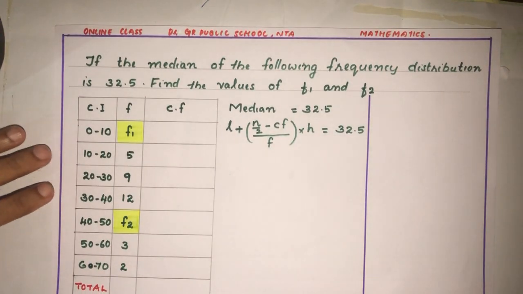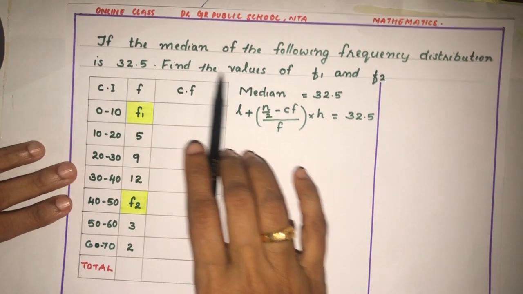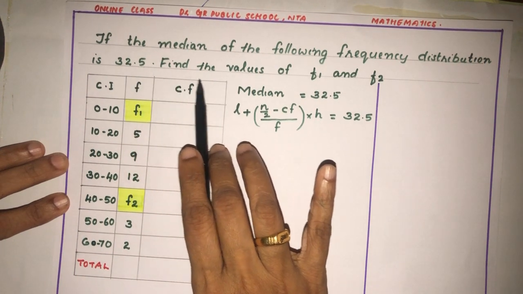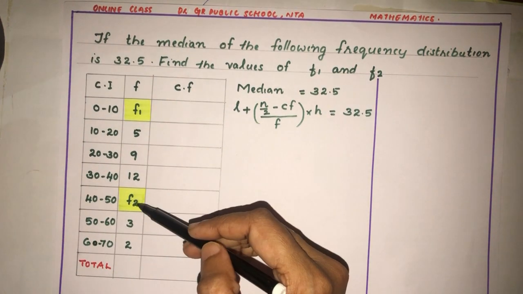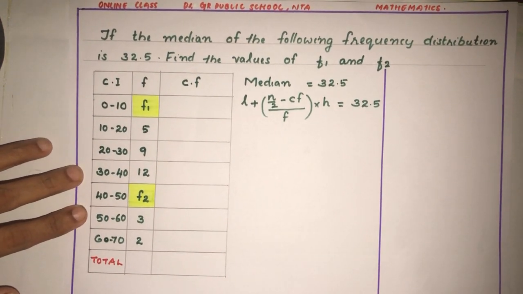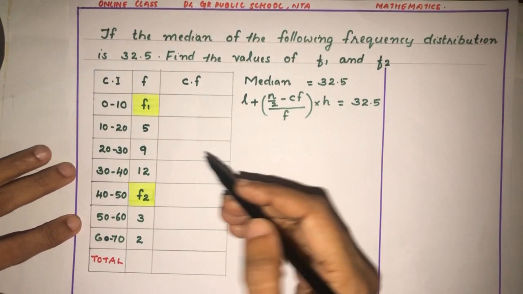Now I will explain one more question. Then it will be clear to you. What is it? If the median of the following frequency distribution is 32.5, find the values of F1 and F2. F1 and F2 are the missing frequencies. Okay, children. So first we can fill up the column CF.